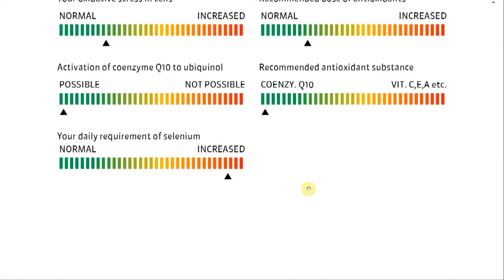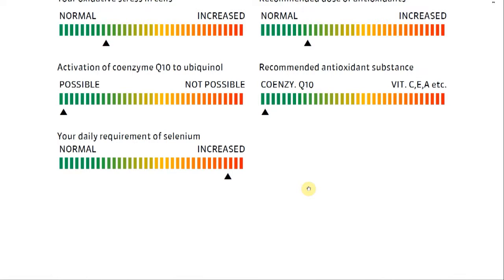Genetics has no chance of doing this, but genetics has the option of finding out how much you should really have, because not everybody's requirement is the same as we see in this gene. So by looking at this gene, we know your requirement of selenium. If it's increased, like in this example, it means your genes are modified. It's less effective, and you can rescue some of the function with more selenium.